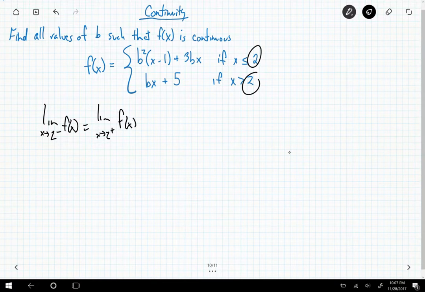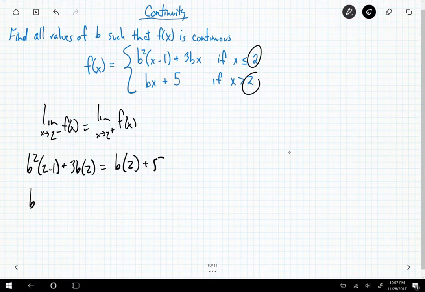In other words, what does that mean? Well, we can plug in 2 into either equation, and they need to be equal. And where are we plugging them in? Well, we're plugging them in for the x. So b squared, you have 2 minus 1, and then plus 3b times 2 equals b times 2 plus 5.